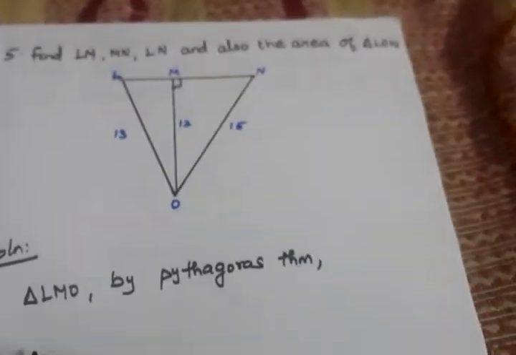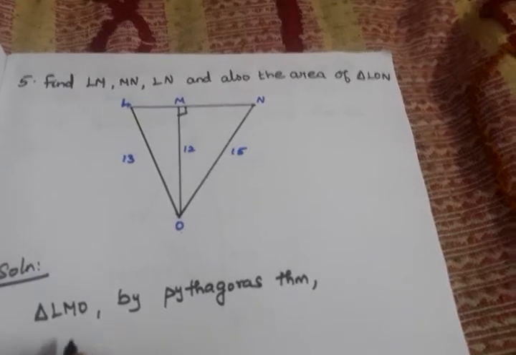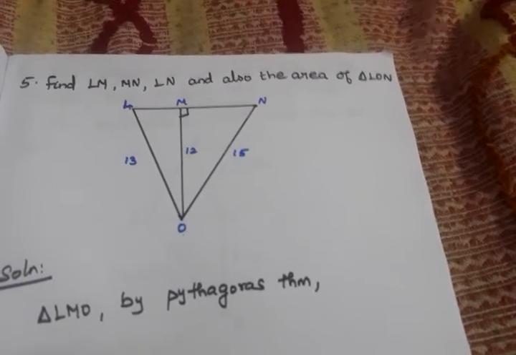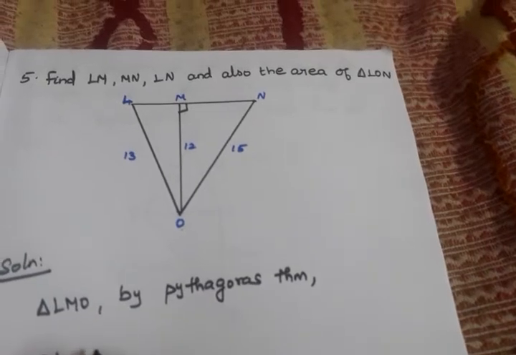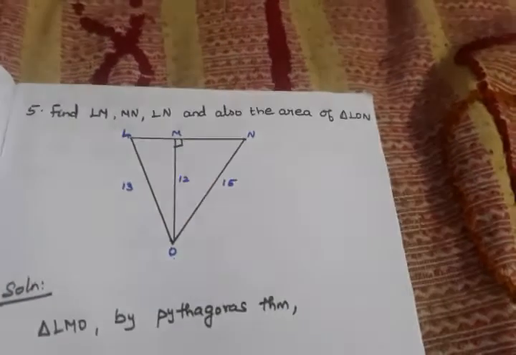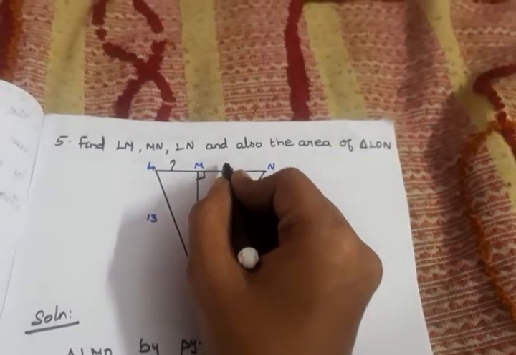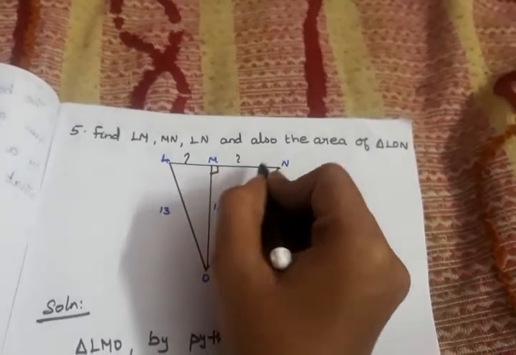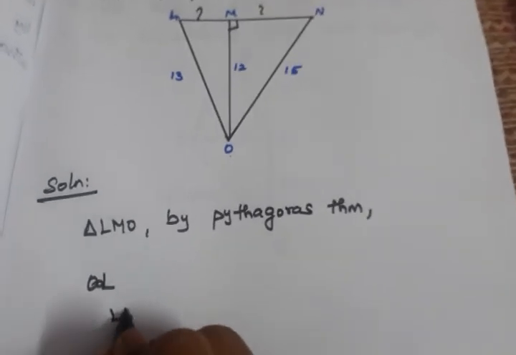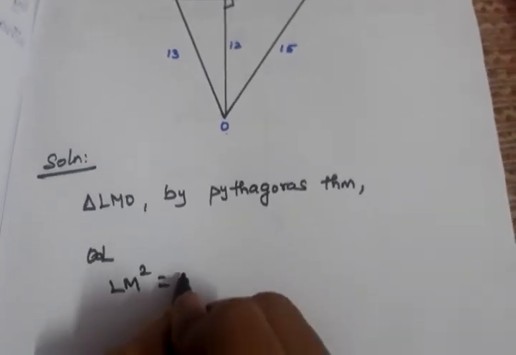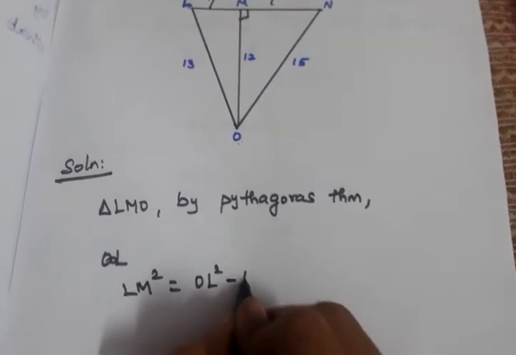Okay. Find the value of LM square and LN square. So LM square equals OL square minus OM square.